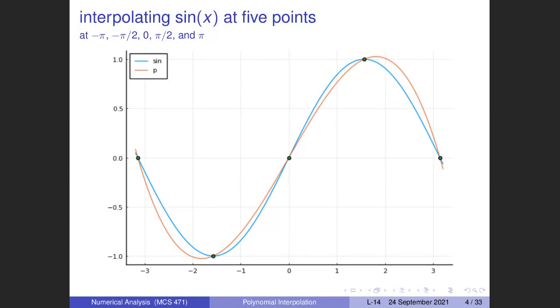You see the plot of the blue sine function going from minus pi to pi, and the red curve is the polynomial that passes through these 5 points. So at these 5 points, the polynomial takes the same value as the sine function.